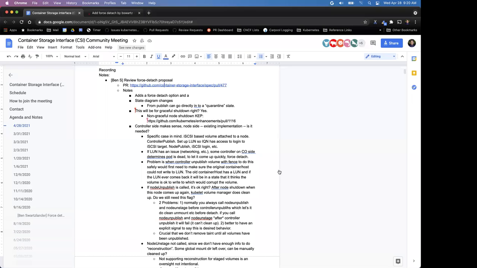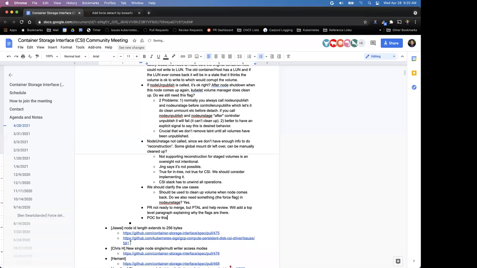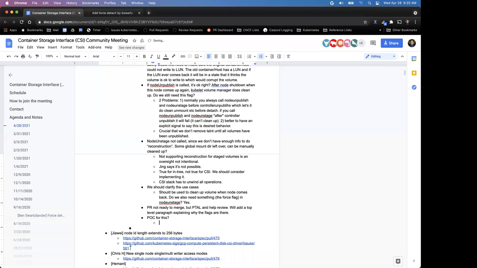I think we might have to do a POC actually for this. I've already done part of the POC, and I don't have all of these capabilities, but I have tested whatever is mentioned in the CAP, like the changes in the GC controller and detach controller.